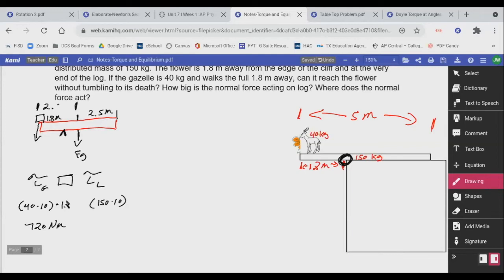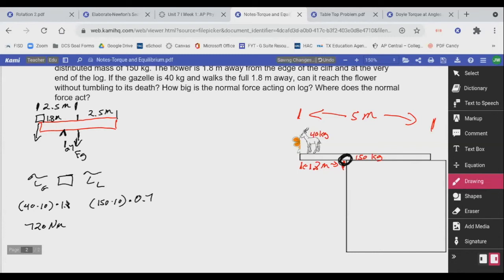If this is 2.5 meters, and we know that the ledge is 1.8 from the pivot point to the gazelle, how far is pivot from force of gravity? Wouldn't this section right here have to be 0.7? Because that 0.7 plus the 1.8 gives us the 2.5 for that whole side. So the distance of the force of gravity from the pivot point for the log is 0.7.